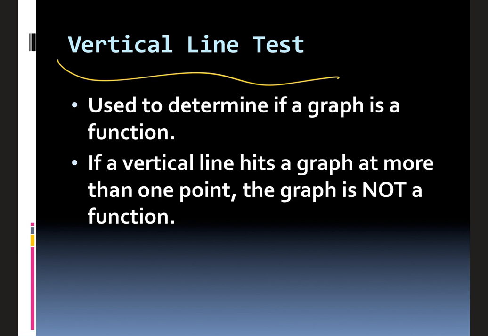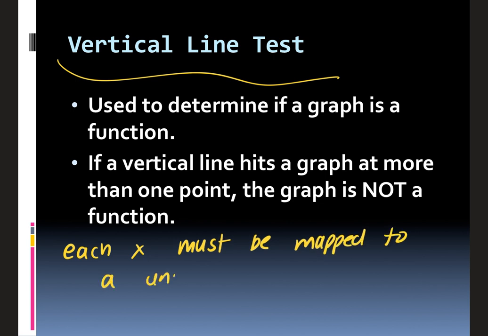So you would say something like each x is not mapped to a unique y. Each x must be mapped, is the word they use, to a unique y. And they even went further and said x, which is input, and y, which is output.